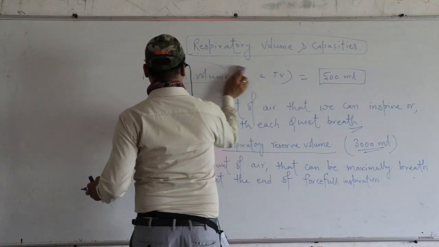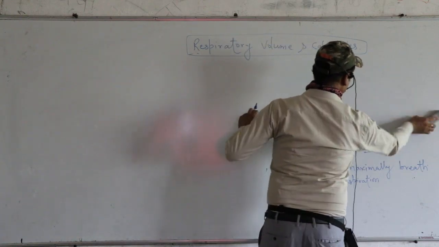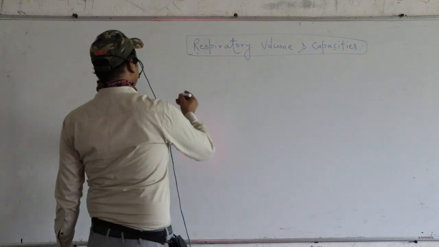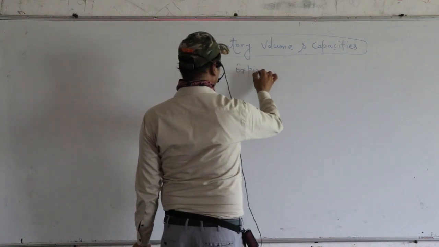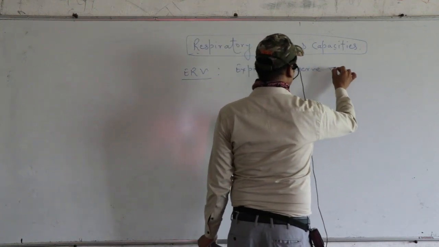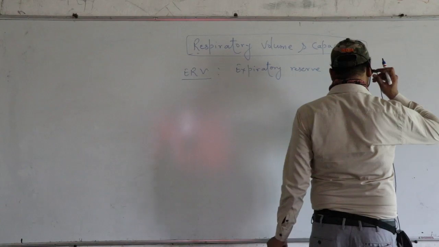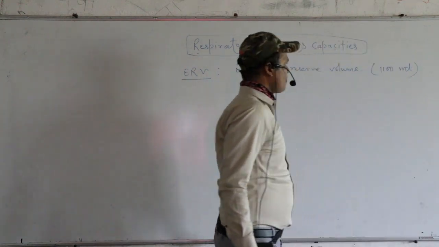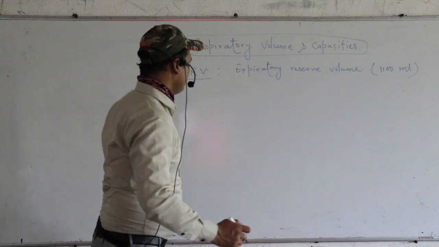Now, after that, ERV, the expiratory reserve volume. Its value is approximately 1100 ml.